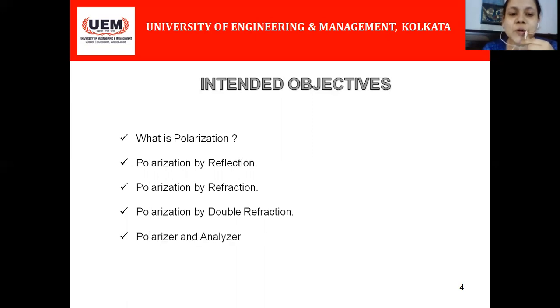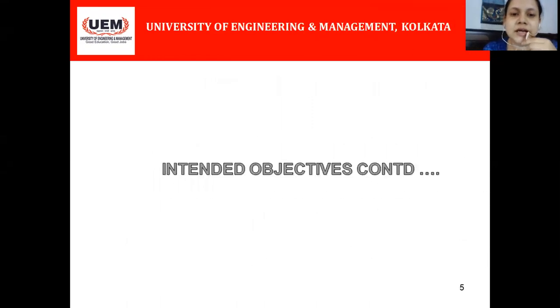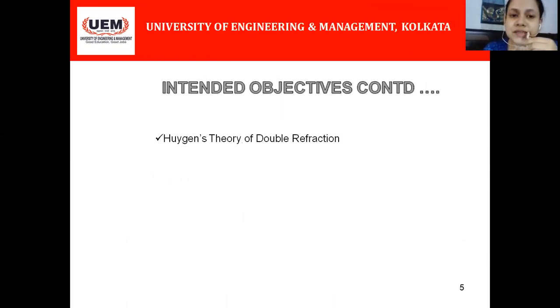Next, we would be understanding the working of a polarizer and an analyzer. Next, we would be speaking about uniaxial and biaxial crystals. Then we would proceed to understand Huygens' theory behind double refraction of light.